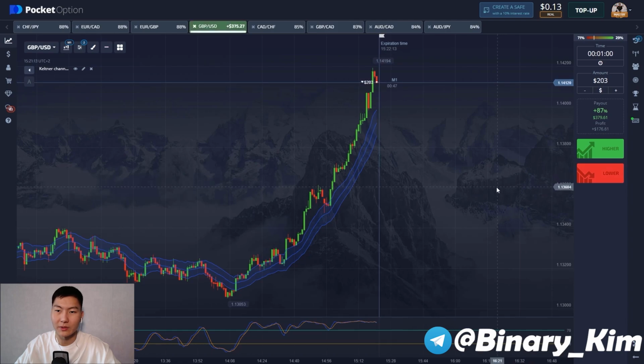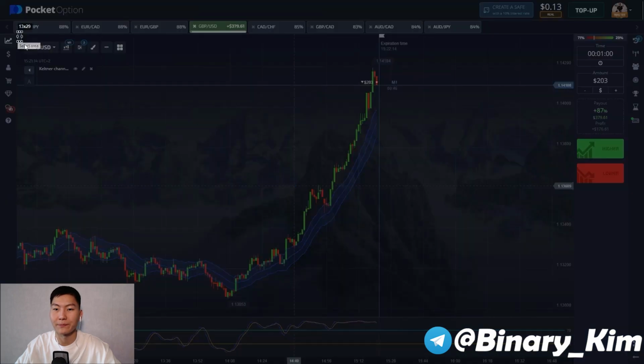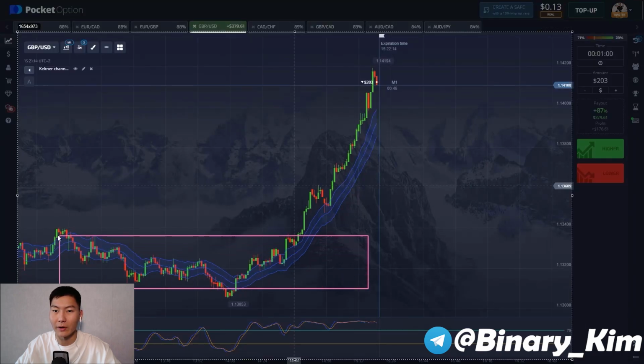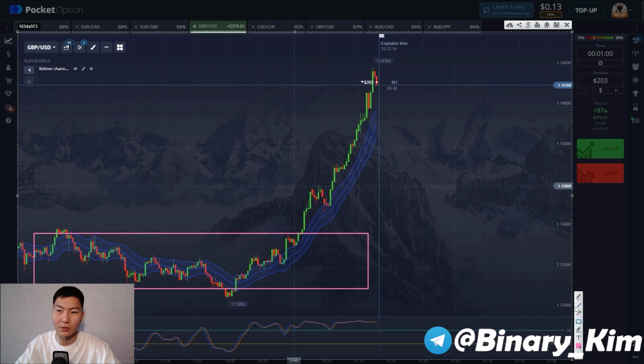Everything is simple. Let me clarify the trade entry. We see that the flat took place here and there was a huge pump from this local low, very strong upward dynamics. The local high has been updated here, and then this correction.